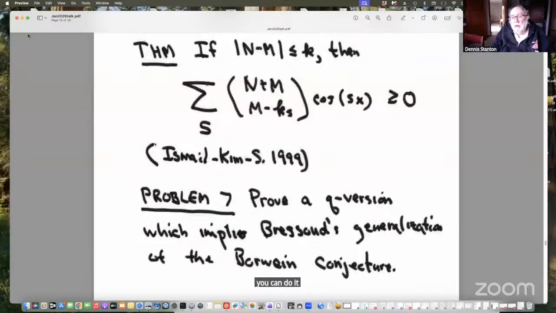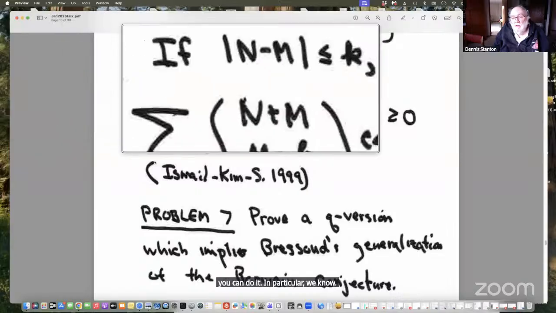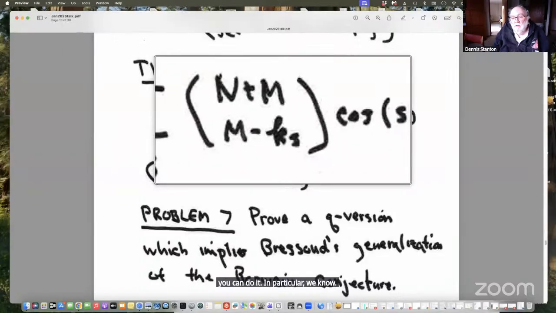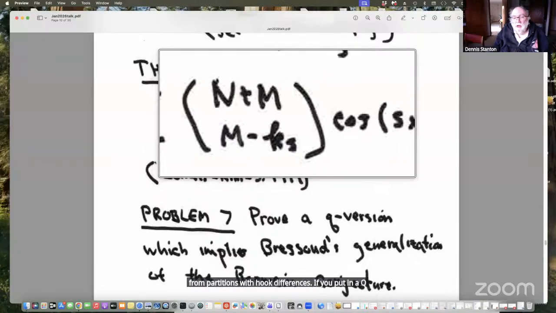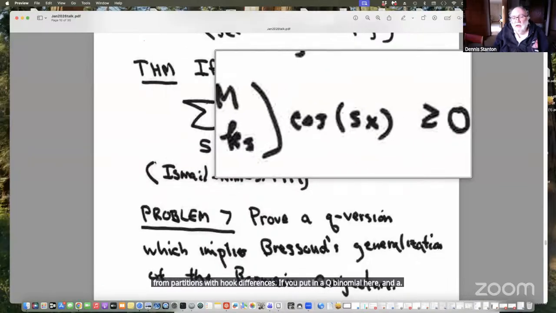In particular, we know from partitions with Hook differences, if you put in a q binomial here and a minus sign and a power of q, it does count certain partitions. That's this paper with the 6 authors, Andrews, Brissoud, et cetera, on Hook differences.